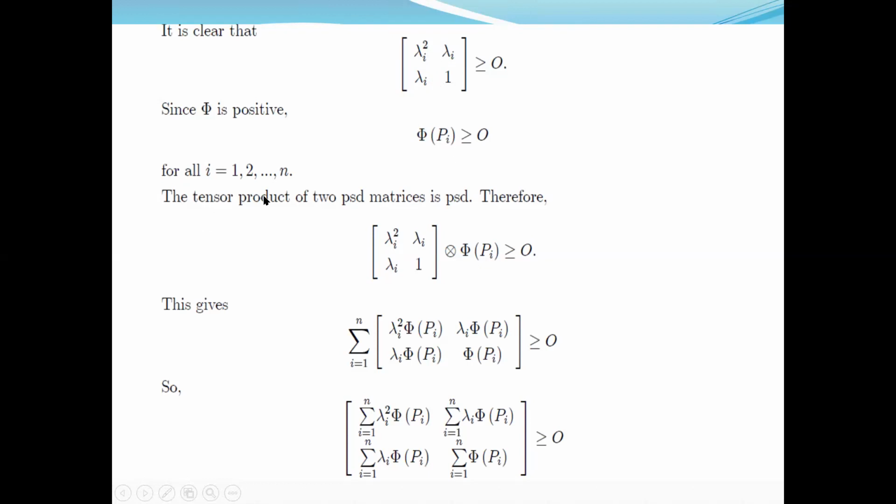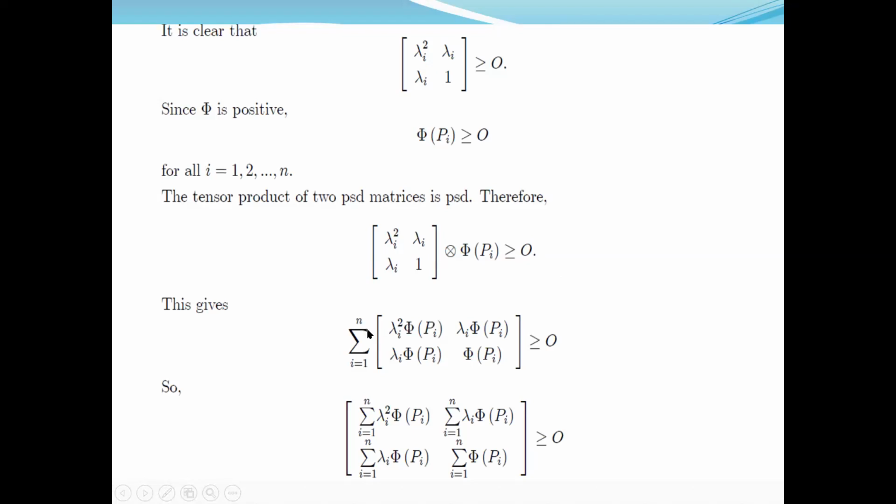Now use the fact, as we have just discussed, that the tensor product of two positive semi-definite matrices is positive semi-definite. So this tensor product, lambda i square, lambda i, 1, tensor product phi Pi, is greater than or equal to 0. Now since these matrices are positive semi-definite, their sum is also positive semi-definite.